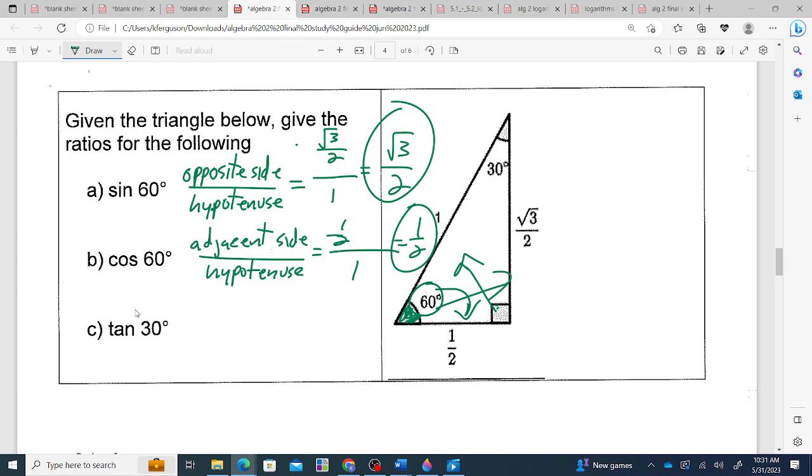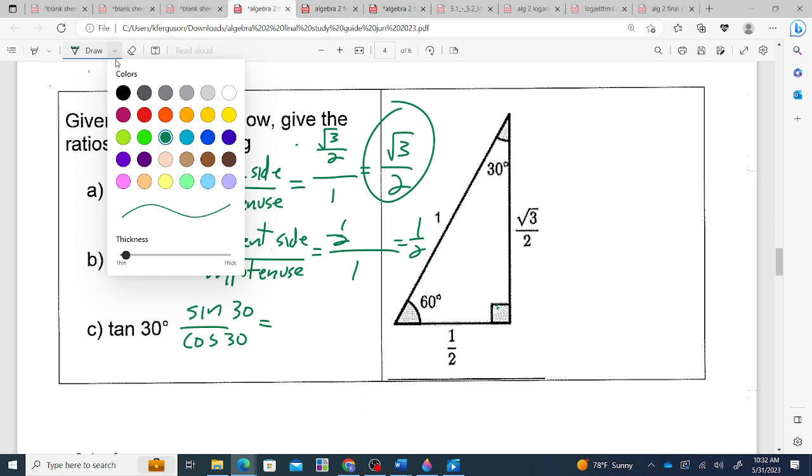Now, tangent is sine over cosine. So what I'm going to do is find the sine of 30 degrees and divide it by the cosine of 30 degrees. So let's erase all this stuff and look at that. So I'm looking at 30 degrees. So I'm right here.